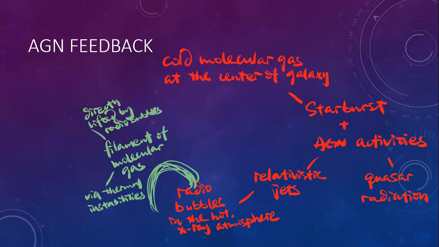So if the filaments do not have enough velocity to escape the galaxy, the massive molecular gas will eventually cool down and then fall back all the way to the center of the galaxy. And by doing so, it actually forms the loop of AGN positive feedback.